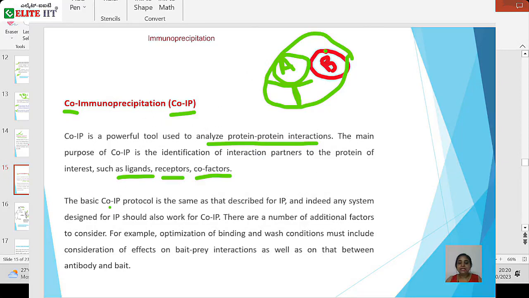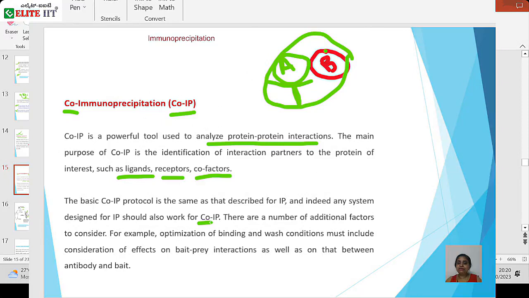The basic co-immunoprecipitation protocol is exactly the same as whatever I told you previously. The basic co-IP protocol is the same as that described for IP, and indeed any system designed for IP should also work for co-IP.